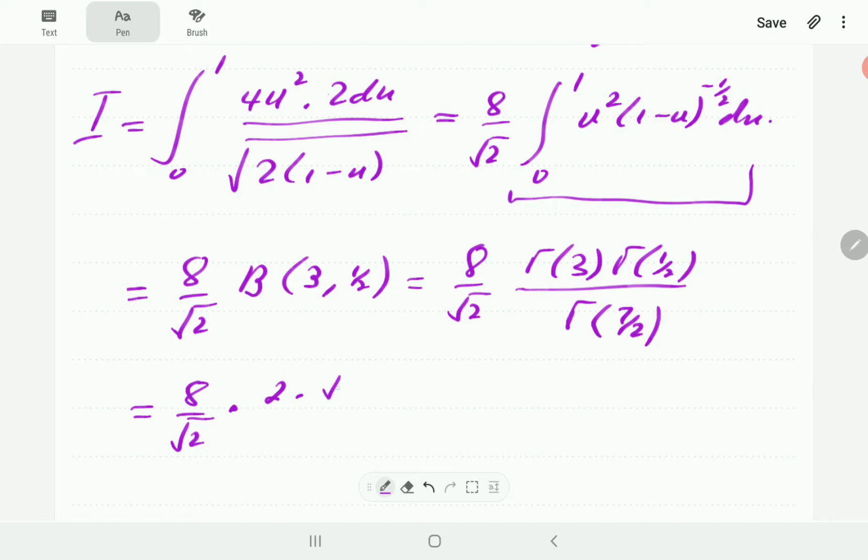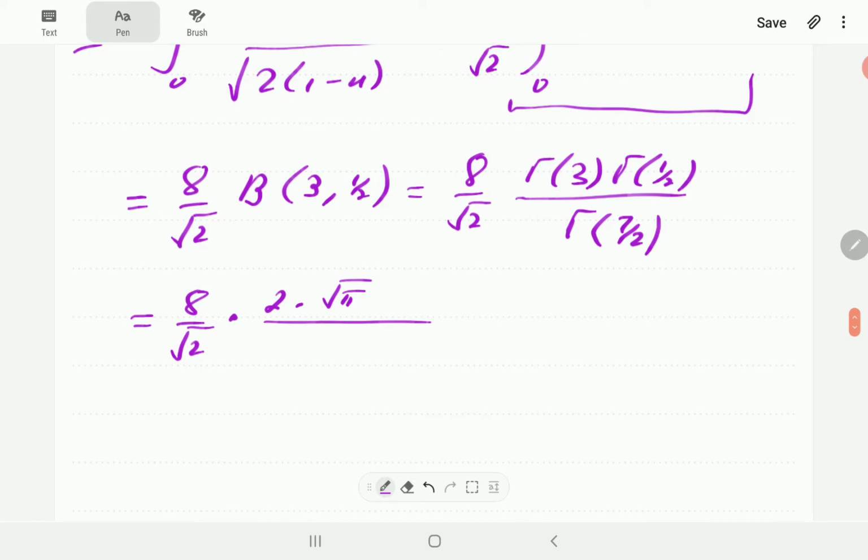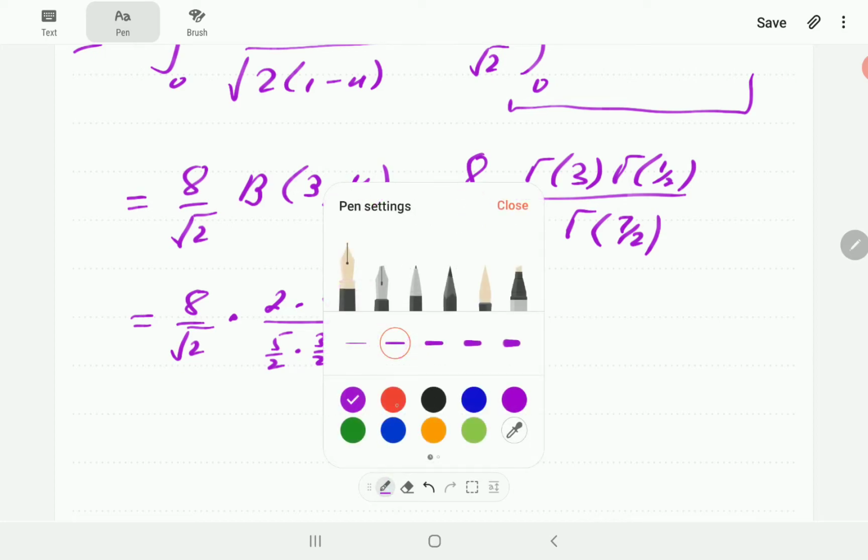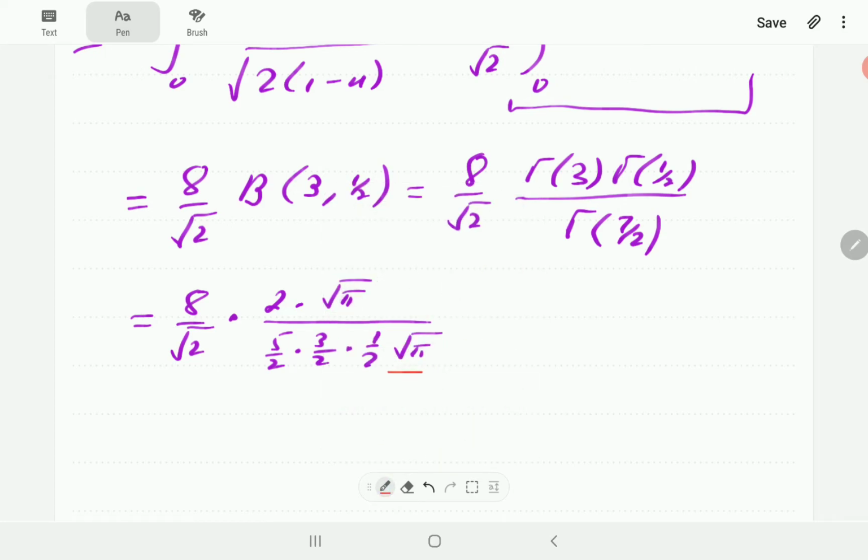Gamma function of 1 half is root pi. The gamma function of 7 halves is 5 halves times 3 halves times 1 half times square root pi. So this is going to cancel out.